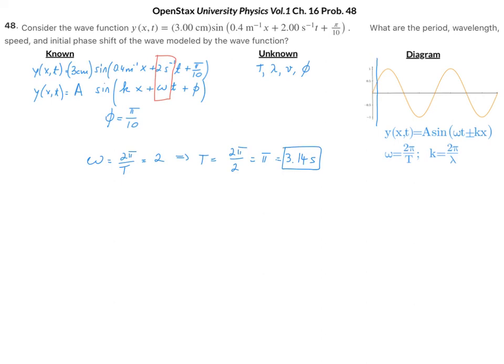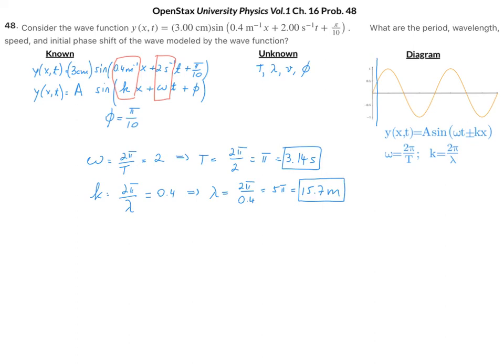Then I'm going to match up the k with that value there and say k is 2 pi over the wavelength and k is 0.4. So that means that the wavelength is 2 pi over 0.4, and that is 5 pi or 15.7 meters.